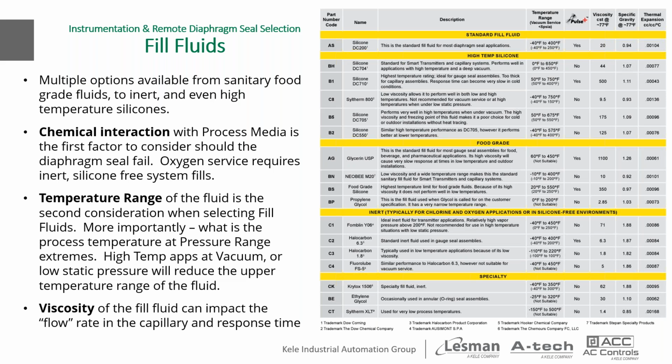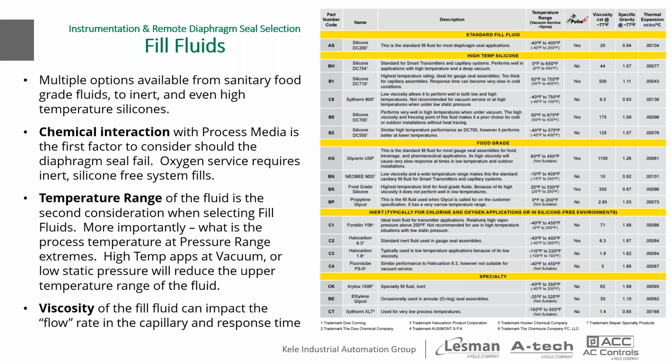The chemical interaction with process media is the first factor to consider when the diaphragm seal fails. Oxygen service, for example, requires inert silicone-free system fills to avoid what we call in the industry rapid thermal expansions. We don't like to use the explosion word.